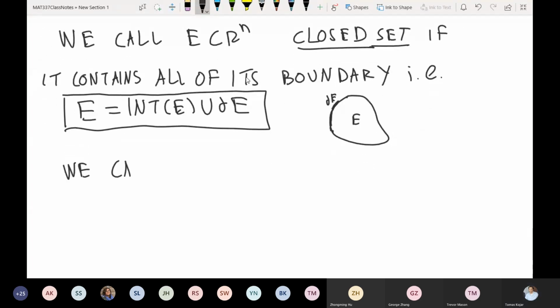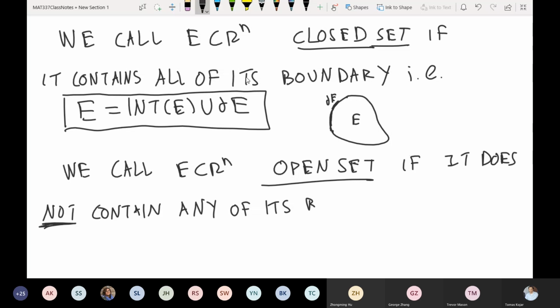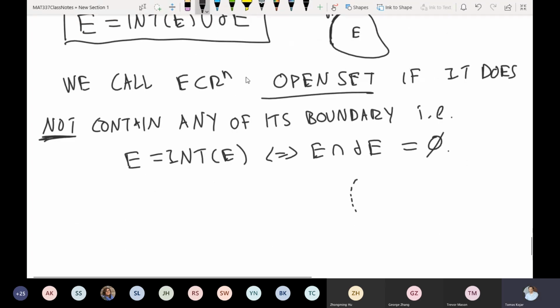We call E in R^n an open set if it does not contain any of its boundary, i.e., E is equal to interior of E. And the picture is like this.